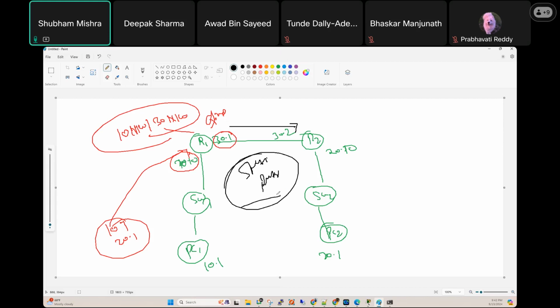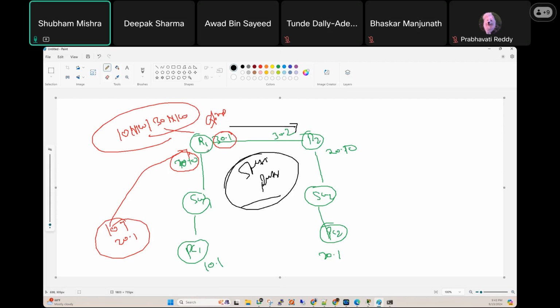Understand, everyone? I hope this is clear. Static route means as a network administrator, manually you need to define the path: when router number 1 receives the packet, where router number 1 needs to forward that packet. Clear, everyone?